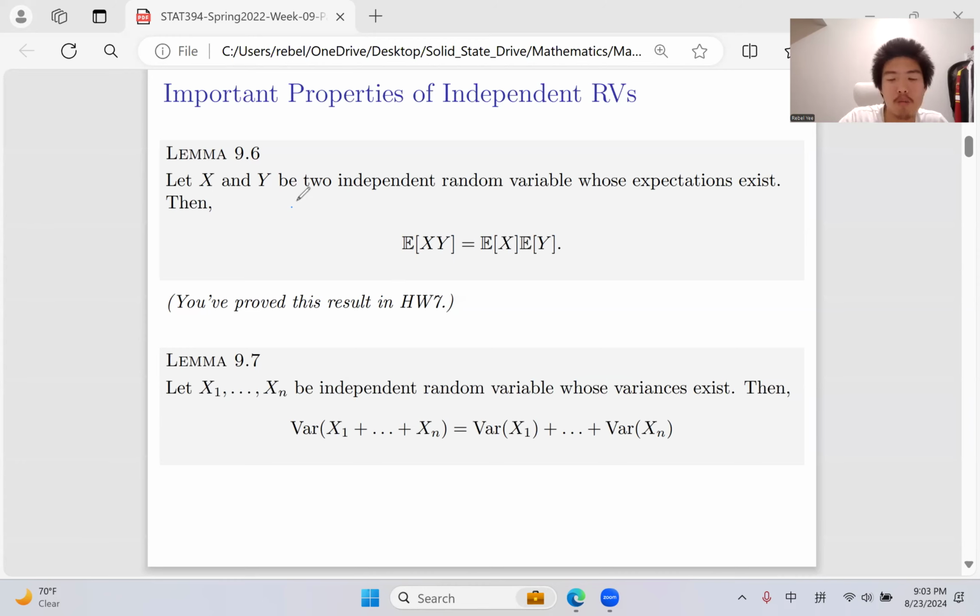Okay. So first of all, we can write the expected value of XY, right?